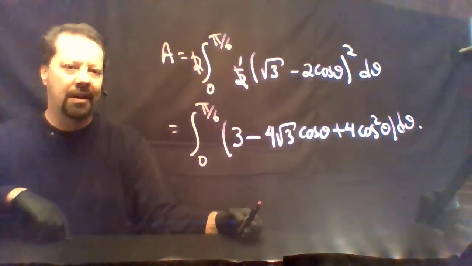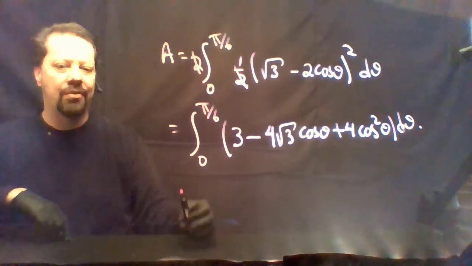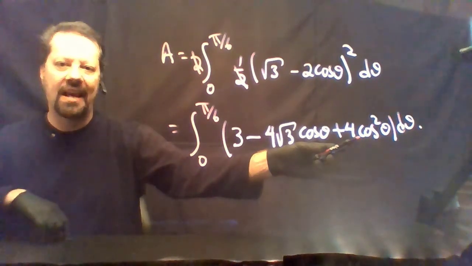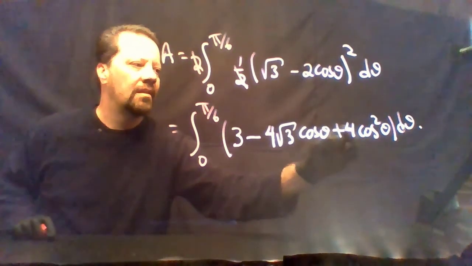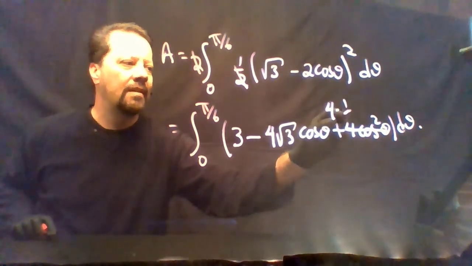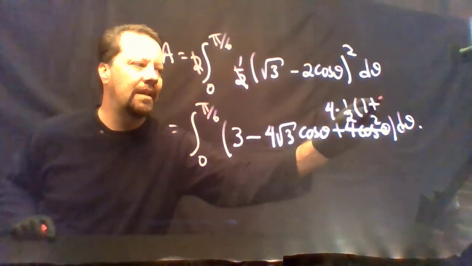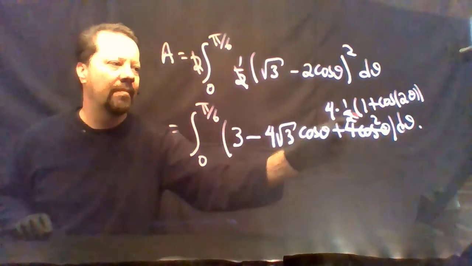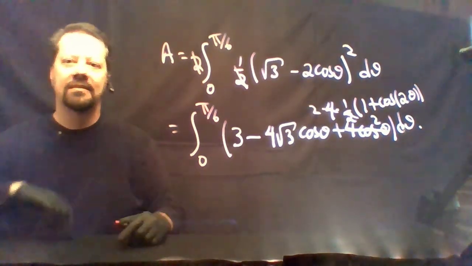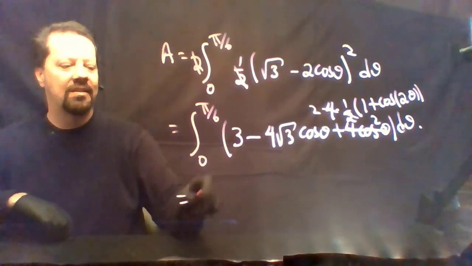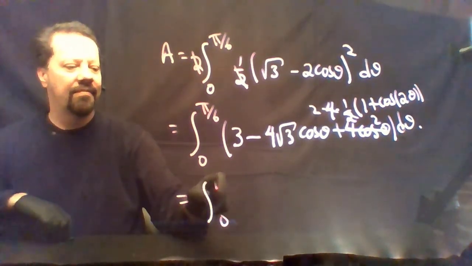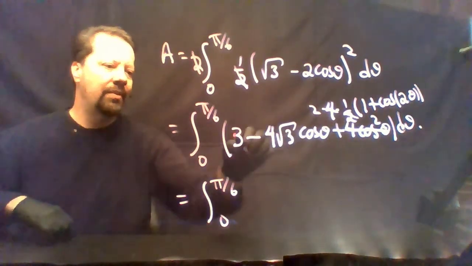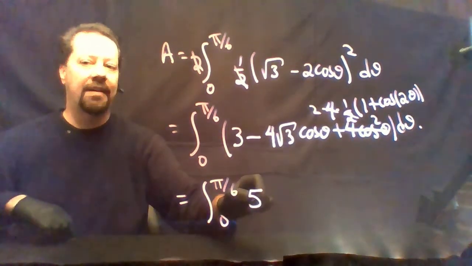Before applying the fundamental theorem of calculus by finding an antiderivative and evaluating at the endpoints, let's first apply the half angle identity. We'll have 4 times a half times 1 plus cosine 2 theta. Distributing the 2, we'll have 2 and 3 makes 5.